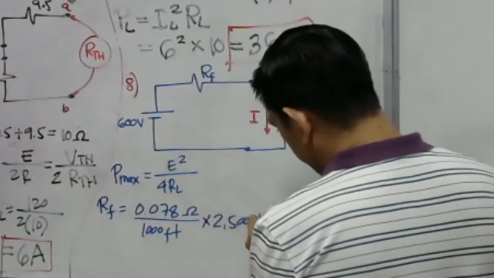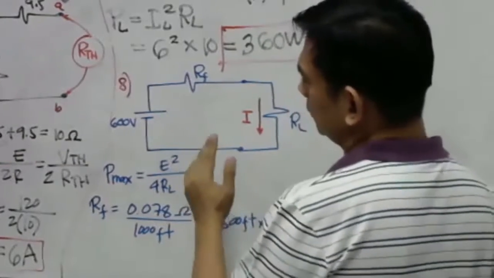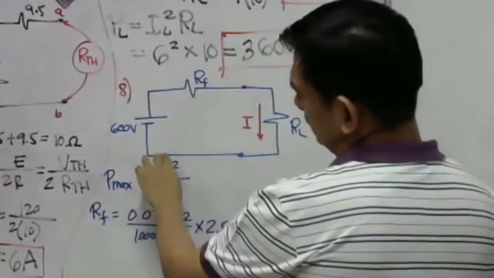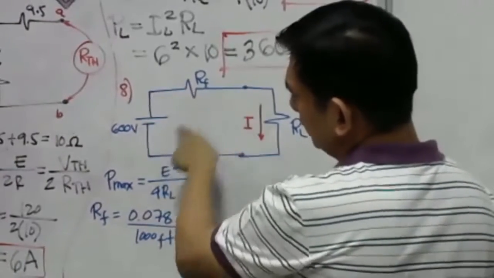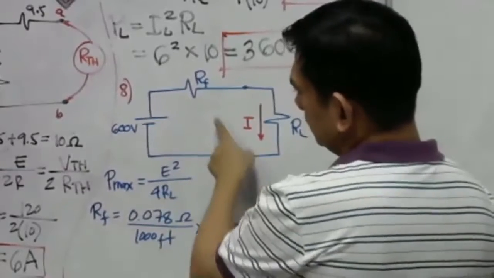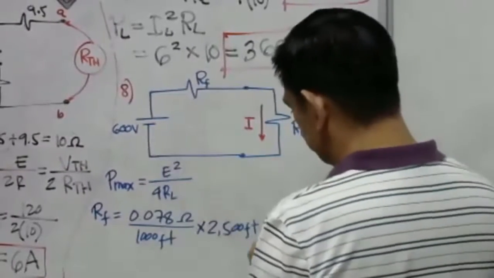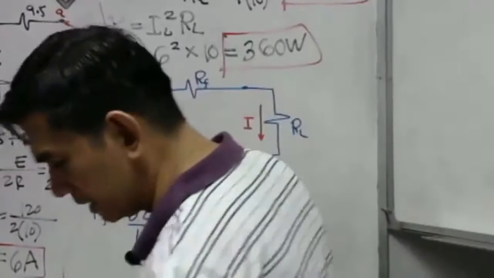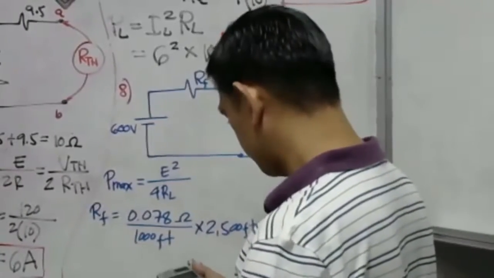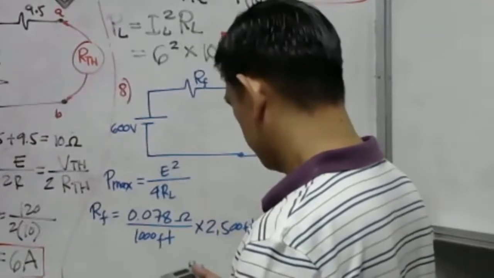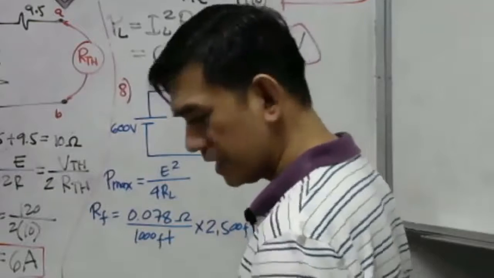Then we have to multiply it by 2. Why, sir? Because we have to consider the upstream and the downstream conductor. Okay? We have a conductor here, and we also have a conductor here. A single RF represents the upstream and the downstream resistances. So let us then calculate. 0.078 times 2,500 times 2 divided by 1,000, that is 0.39.